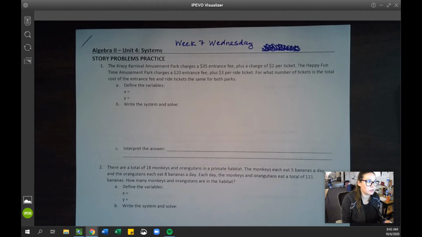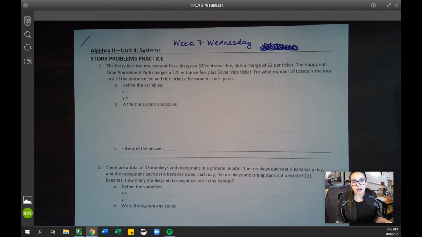So as you're working through it, you can either pause the video right now and print a copy off for yourself if you have a printer at home. Otherwise, you can just look at the document on the screen and write out the notes and the homework in your notebook. It's up to you. Either one is fine with me.